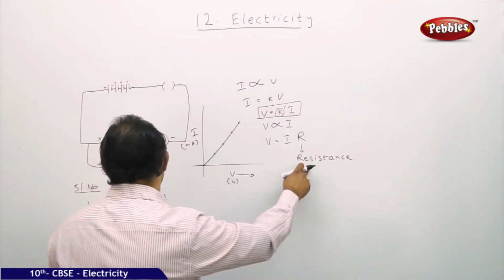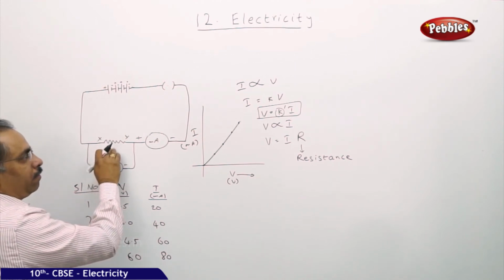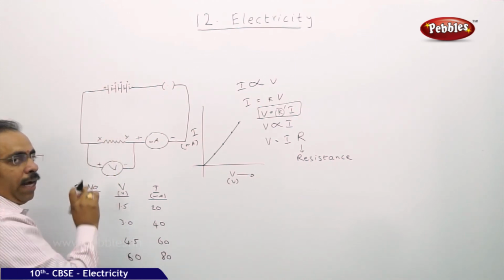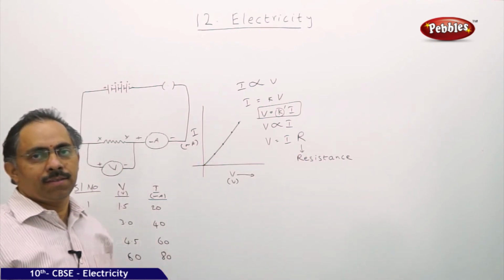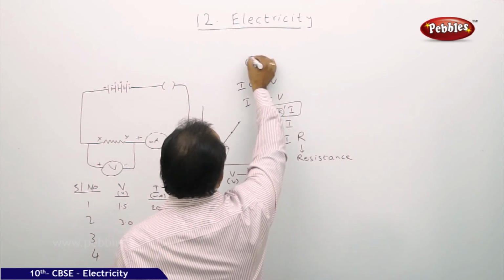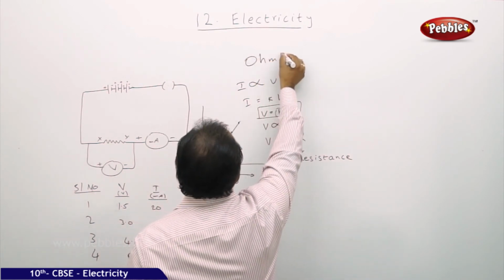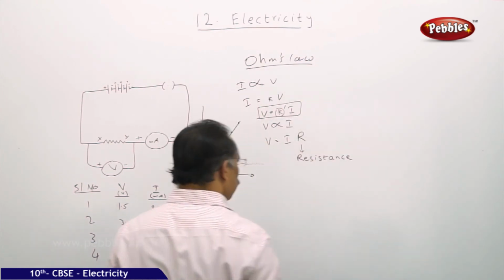This is the electrical resistance of this resistor. Resistor is the device or the item. Resistance is the property. So this V is equal to IR, what do you call it as? Ohm's law. This is what you call Ohm's law.